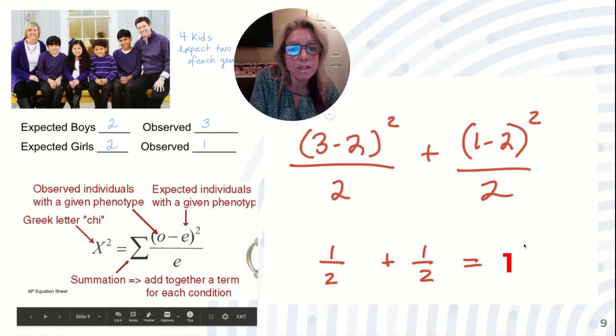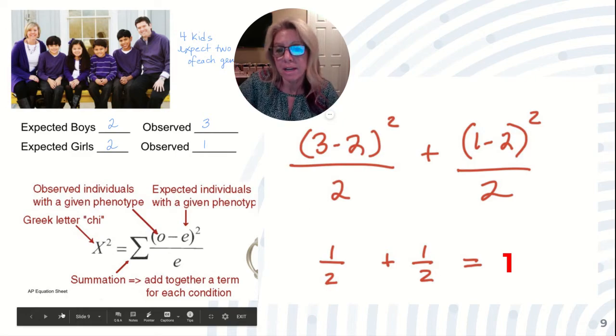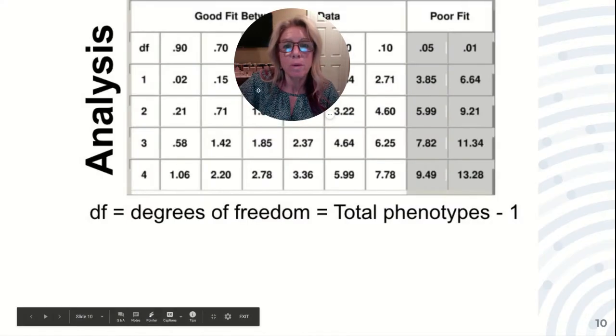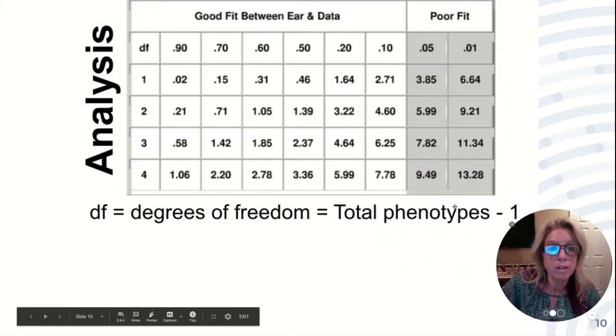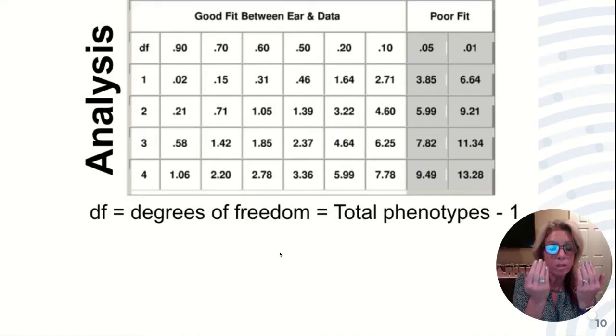So I need to look at this number on a table to determine: is this a significant number? Is there something else coming into play, or could this happen in a family? So you have degrees of freedom and a probability table, and your degrees of freedom are always how many choices you have minus 1, right? Because if I'm not a boy, I'm a girl. So really it's just one choice.